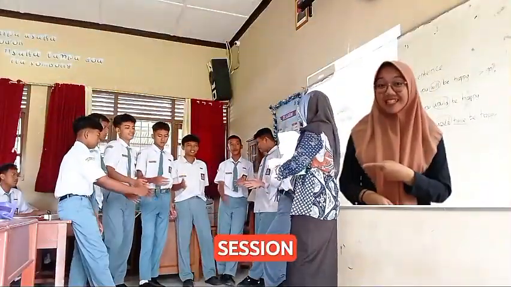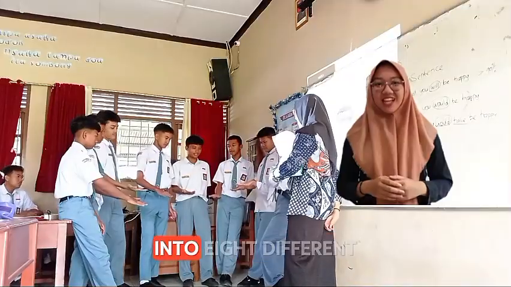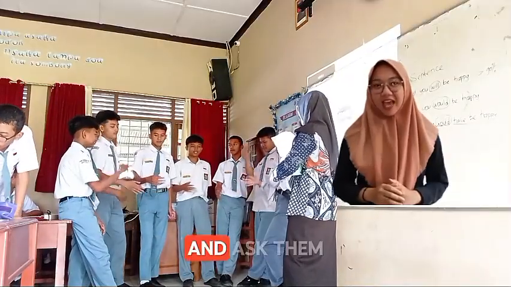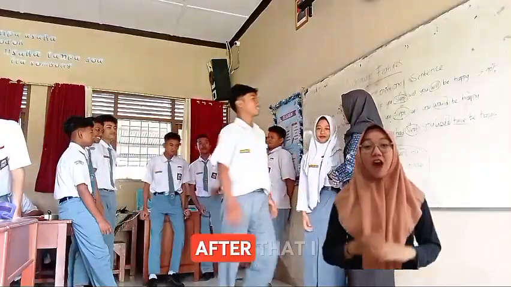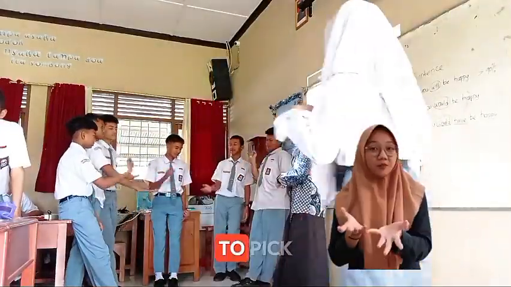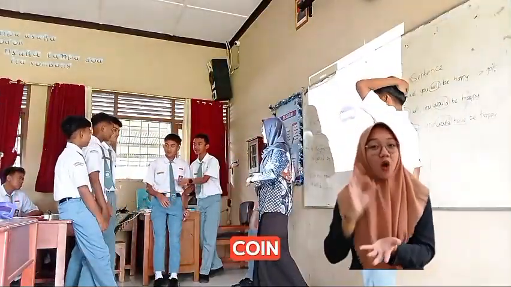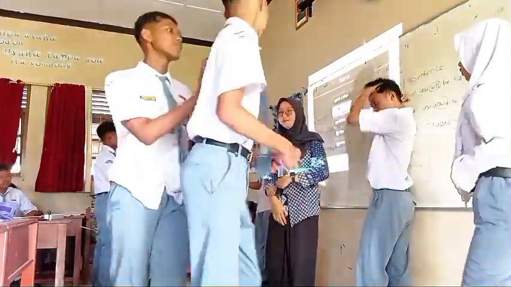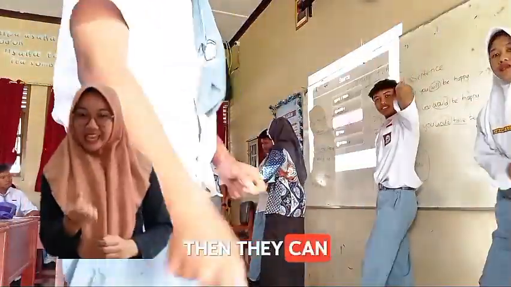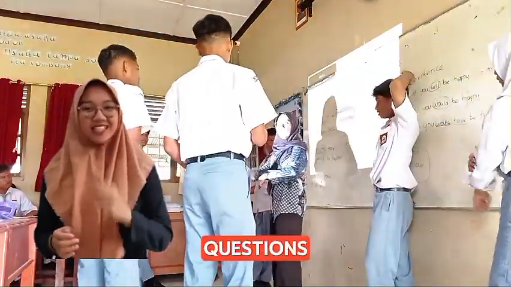In this main session, I divided students into 8 different groups and asked them to do hopimpa. After that, I asked them to pick a random coin from my jar. Then, they can flip the coin to get the questions.